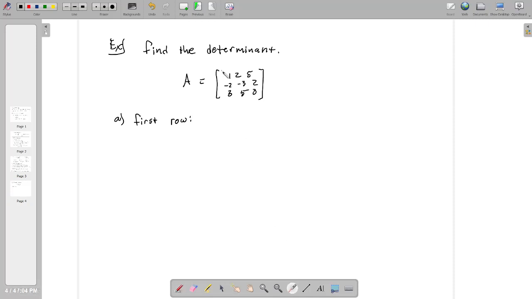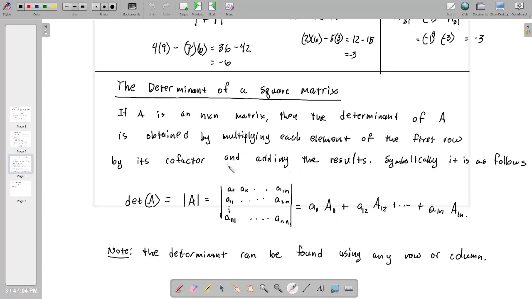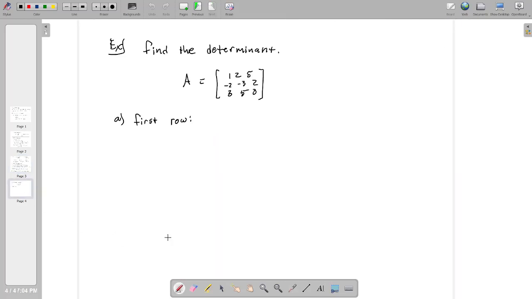So remember, when we're using the first row, if we go back to our determinant of a square matrix, it's obtained by multiplying each element of the first row with its corresponding cofactor. So we take our first row, and I'm just going to leave this crossed out.